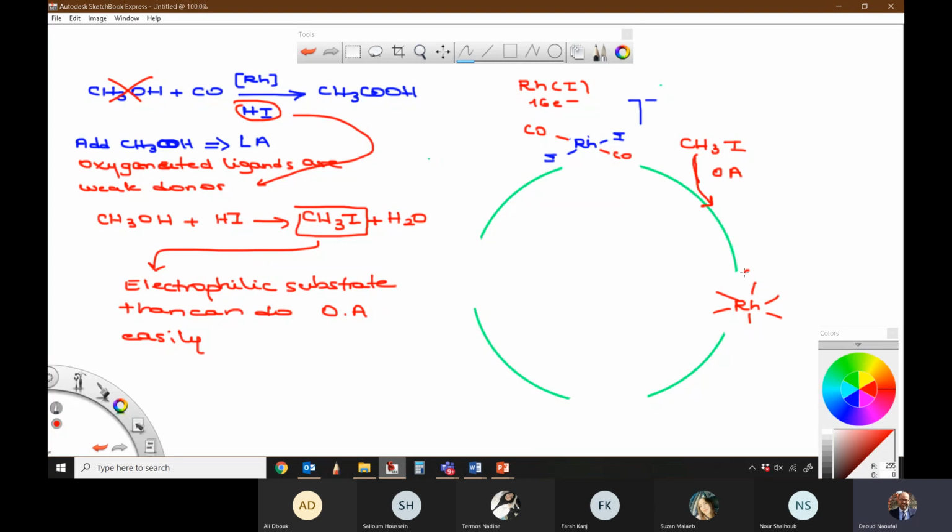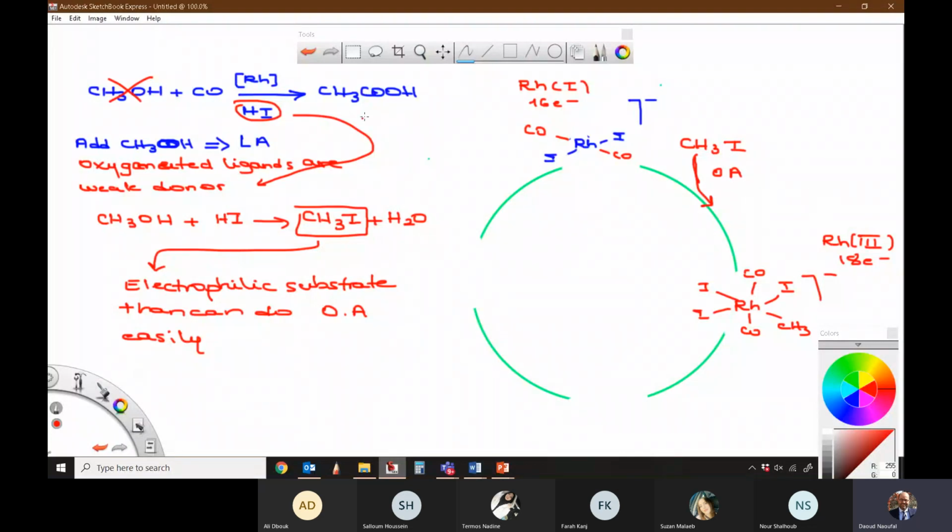This is CH3, for example. This is I. This is CH3. And we have initially 2 carbonyl and 2 I. The geometry is not important. So this is rhodium 3, 18 electrons. The first step is oxidative addition.